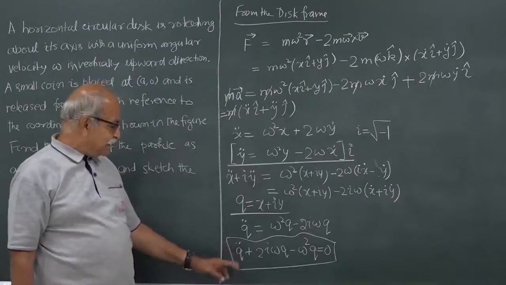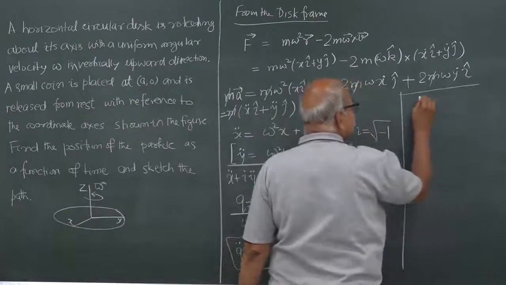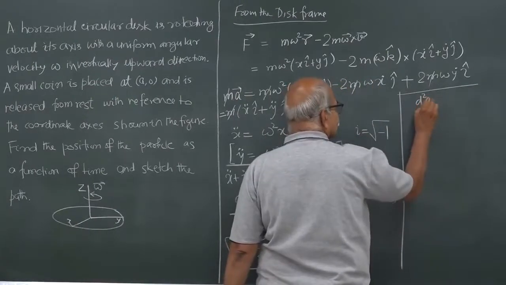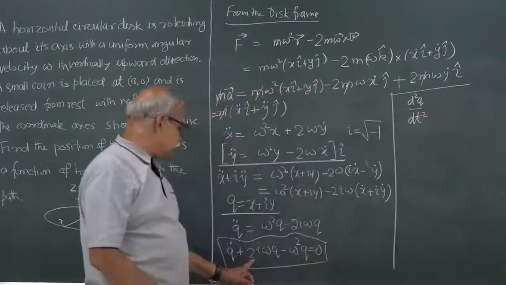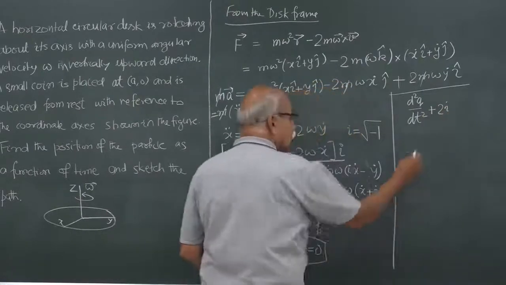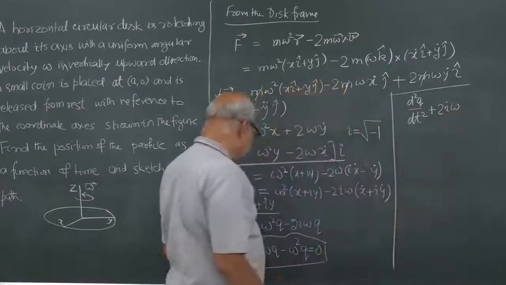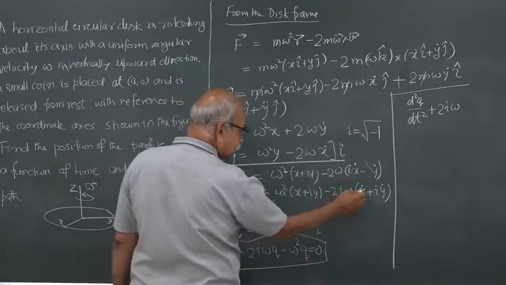You have second derivative q double dot. Q double dot is d2q dt square, and then plus 2 i omega, and then q dot, where q dot is x dot plus i y dot.